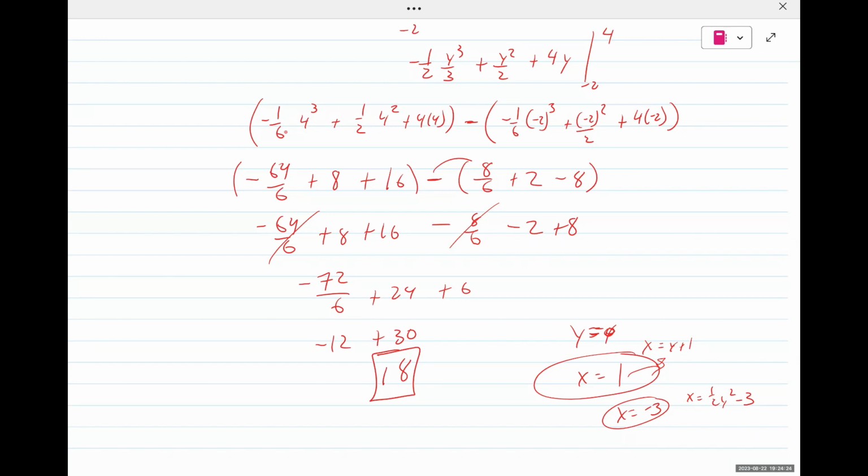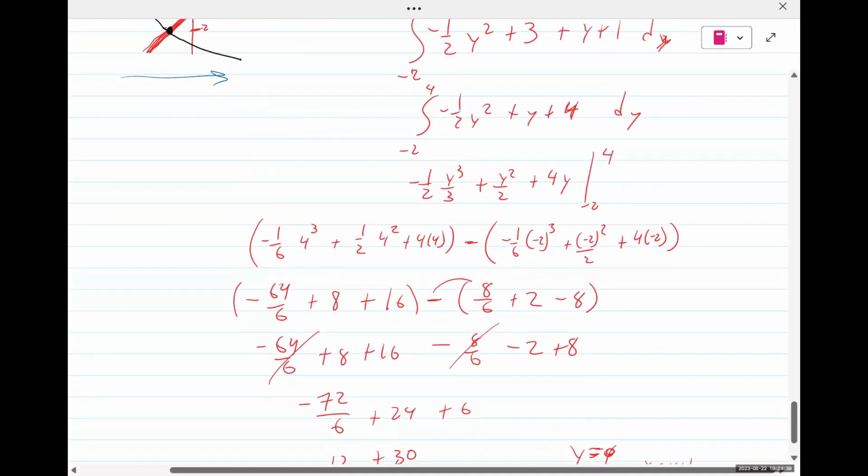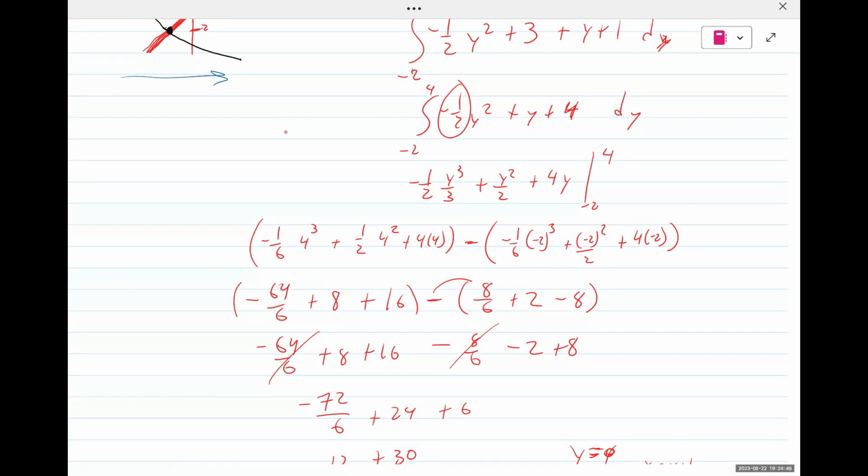And I see that you got negative 1/6. Yeah, because there was already a negative 1/2 in front of it, right? But since it's the same thing as y squared over 2, wouldn't that just be y cubed over 3? Yeah, but I have this constant in front. Okay, all right, I just messed up then.